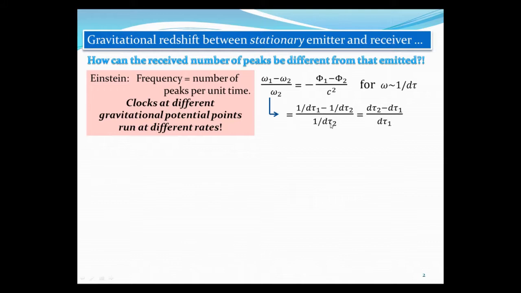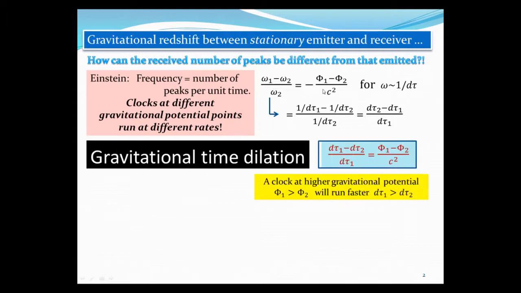If we multiply the numerator and denominator by the product d tau 1 times d tau 2, the first thing becomes d tau 2 minus d tau 1 over d tau 1. So this is a time dilation effect, which is related to the potential difference.